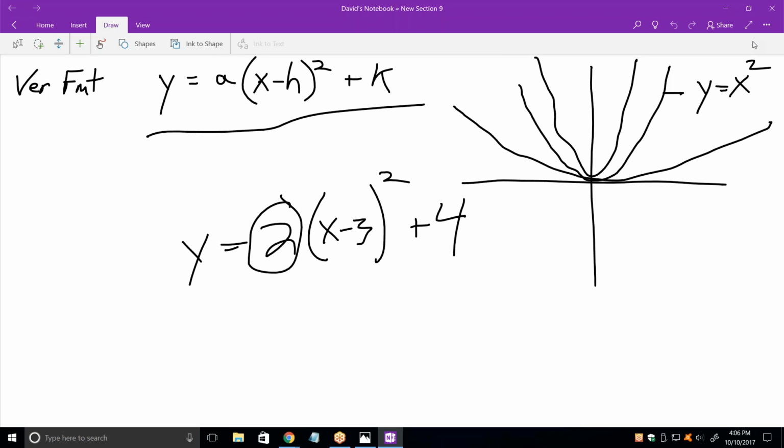So, vertex format is a key format. It's not, unfortunately, the only format you have to deal with. They probably have introduced you to other formats. Tell me if you have seen this format.